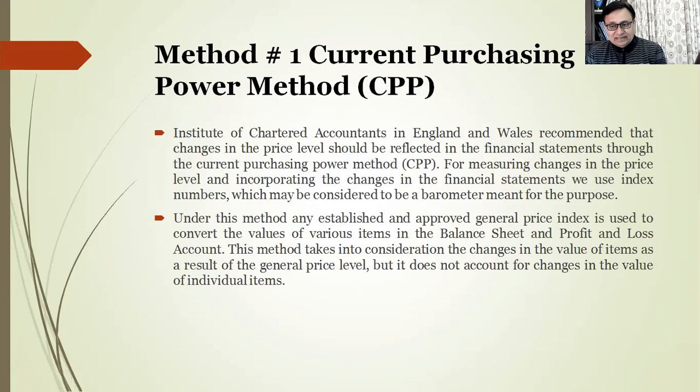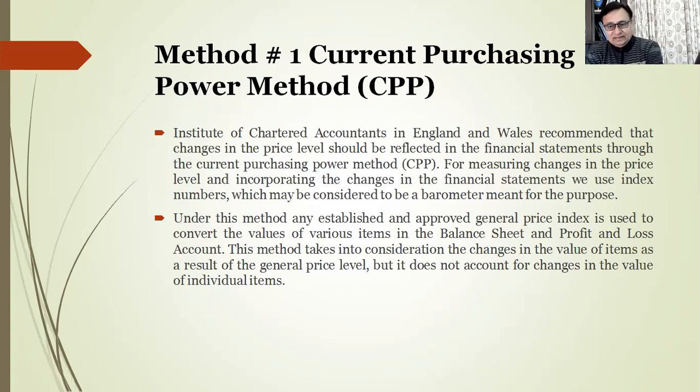And for measuring the changes in the price level and incorporating the changes in the financial statement, we use index numbers, which may be considered to be a barometer meant for the purpose. So under this method, the items of the financial statements are restated with the help of the index numbers.